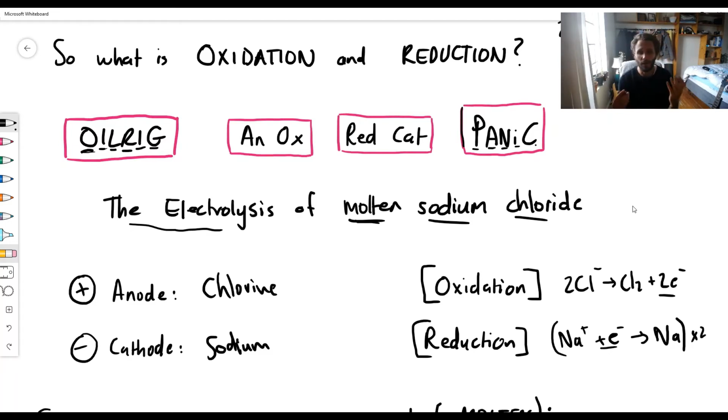This would be an oxidation. It happens at the positive terminal called the anode. Remember the terminals or the electrodes are made out of carbon because we don't want the chlorine to react with the carbon. We want a very unreactive substance like carbon and platinum. And then the cathode, of course, is the negative terminal, and sodium is attracted to that negative terminal, and this is a reduction reaction.